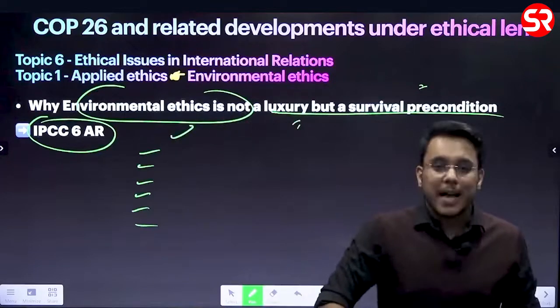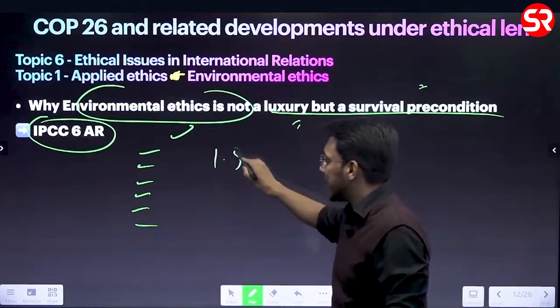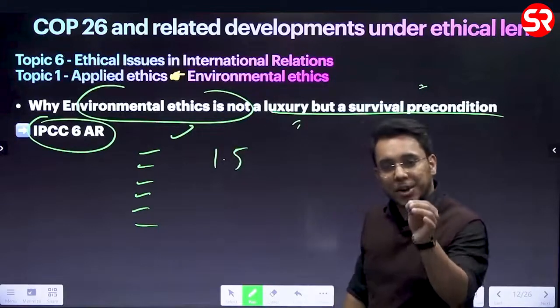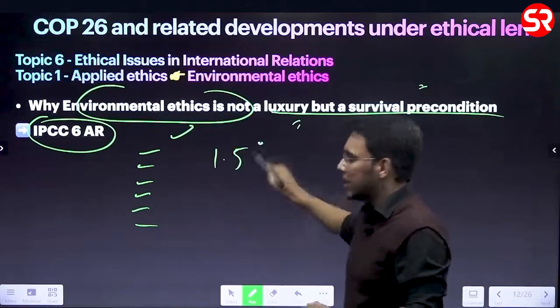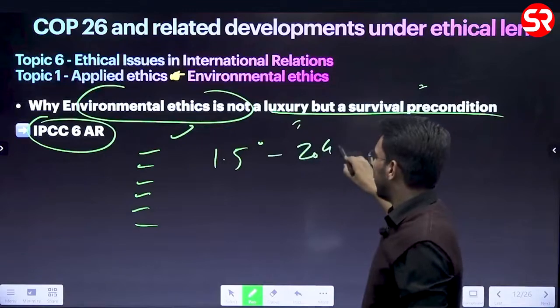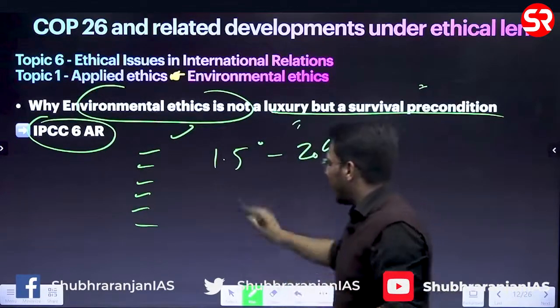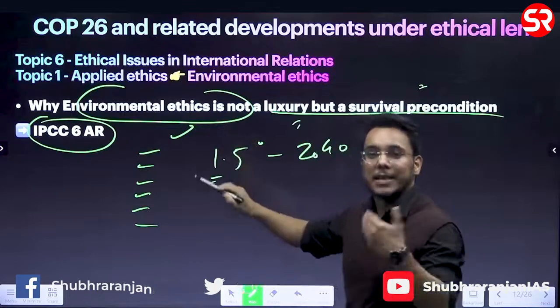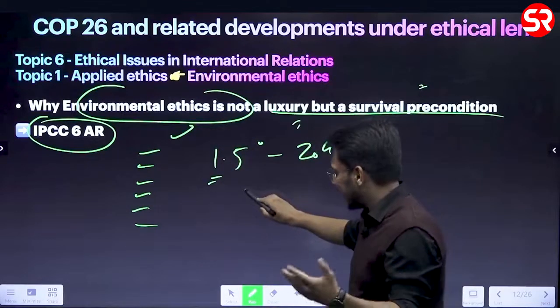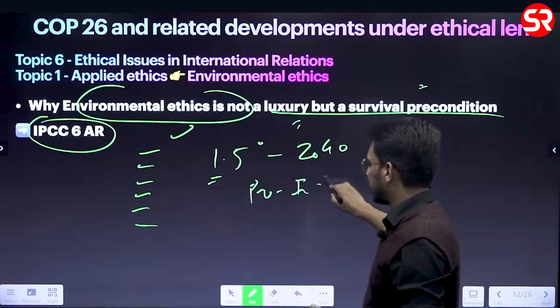Number one, it has been provided that whatever effort may be taken, the temperature rise will happen beyond 1.5 degrees Celsius before 2040. Around 2035, 2036, a 1.5 degrees Celsius temperature rise at the pre-industrial level will happen.